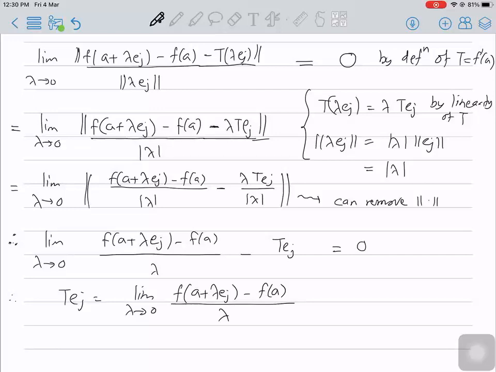Okay, so his point is that, maybe I should just do it this way. Because I have this, I can simply remove the absolute value.